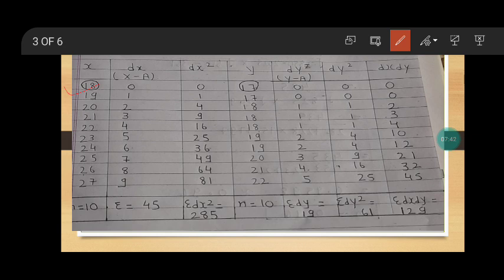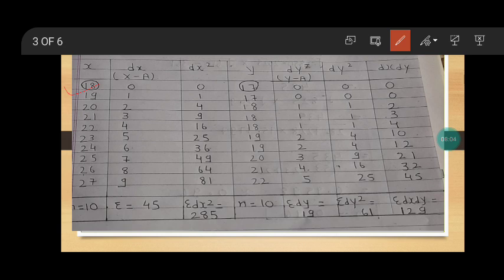Then 26 minus 18 gives 8. And the last item is 27, and again we subtract the assumed mean, so 27 minus 18 gives 9.